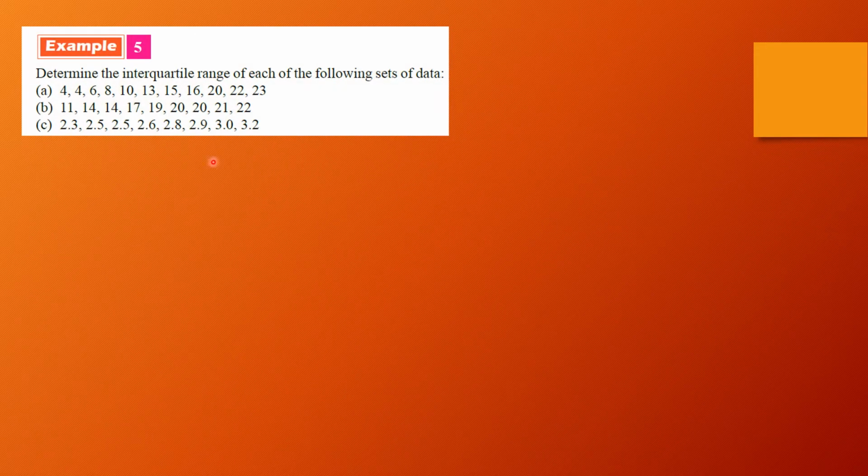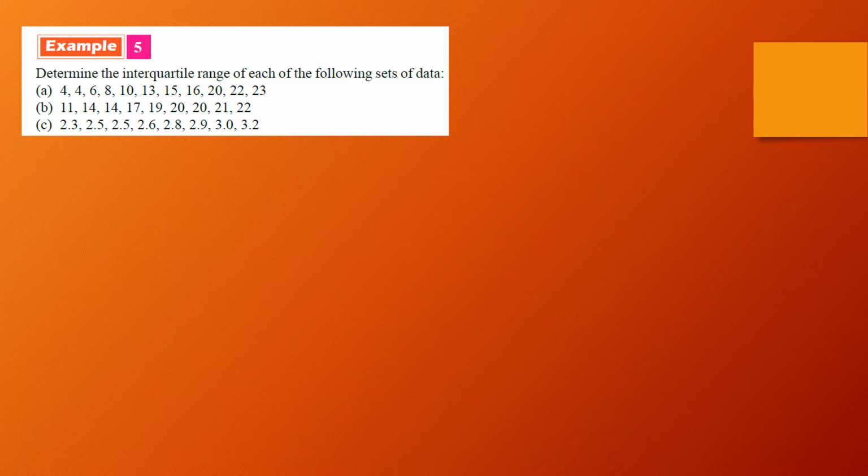Next, we look at example 5. You can refer to your textbook at page 220. Determine the interquartile range of each of the following sets of data. So part A, given 4, 4, 6, 8, 10, 13, 15, 16, 20, 22, 23. Here we want to identify the interquartile range.